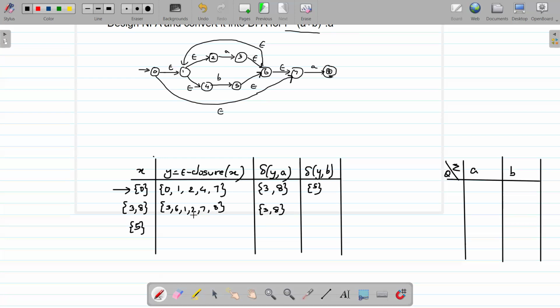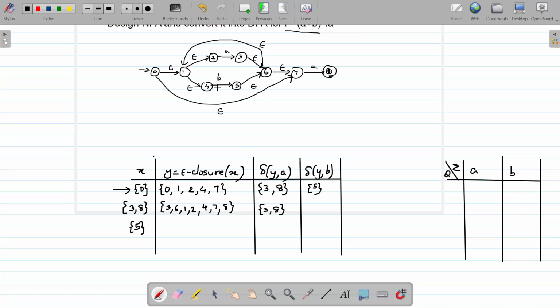And 4 also should be included because from 1 we can reach 4 as well. So we'll have 4, 7 and 8.